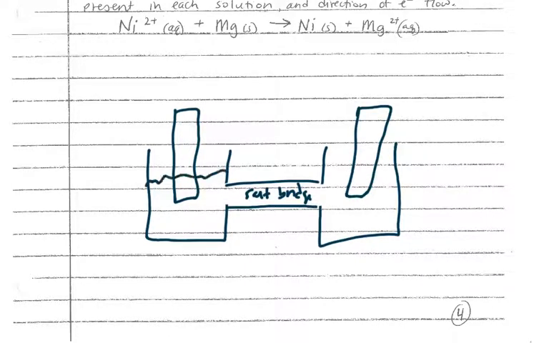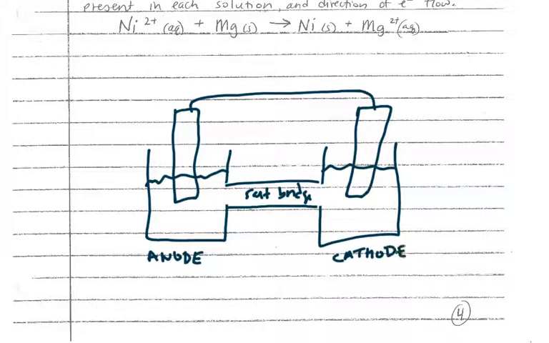We need to have an aqueous solution in each one. And we need to connect them with a wire. We're going to call this one the anode, and this one the cathode. And no matter what these are made of, electrons will flow this way. They always flow from the anode to the cathode. So this would be the rough sketch of any galvanic cell.